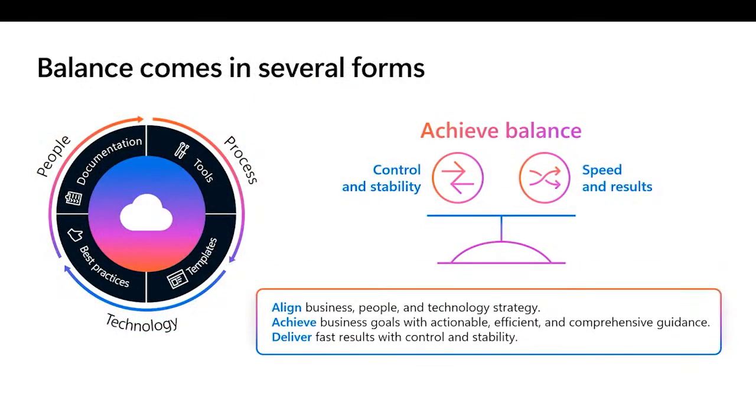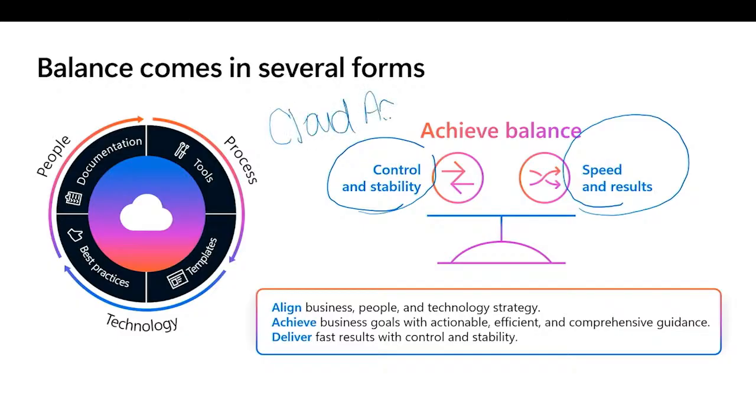Balance comes in several forms. We talk about achieving balance, and that's talking about control and stability, and then speed and results. To meet these goals and achieve these balances, Microsoft has some frameworks that you can use. The one that we have is called the Cloud Adoption Framework. The Cloud Adoption Framework is all about people and processes.